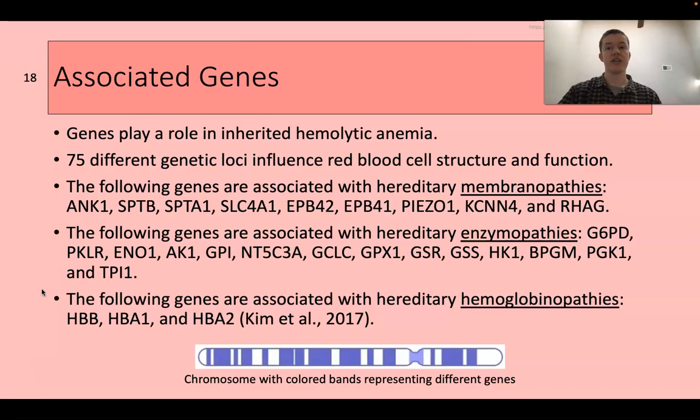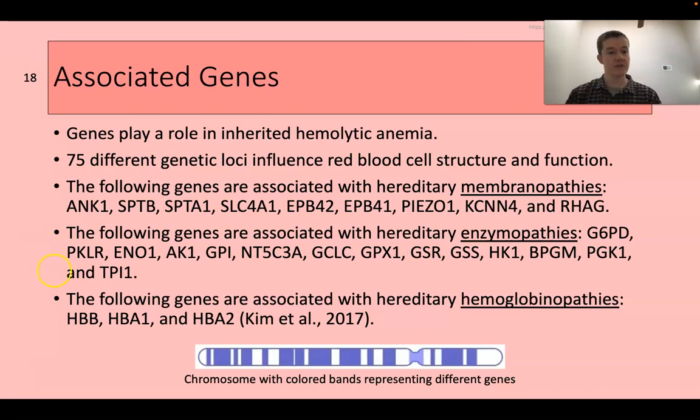So, associated genes. Hemolytic anemia can be caused by many different factors, which can either be heritable or acquired. In the case of inherited hemolytic anemia, genes are involved in the development of the disease. 75 different genetic loci play a role in genetic mutations which control red blood cell structure and function.